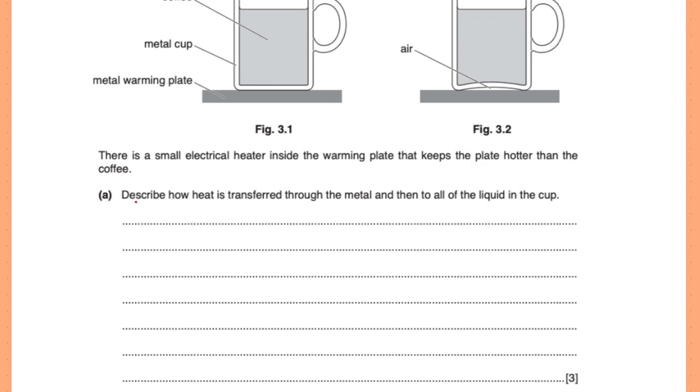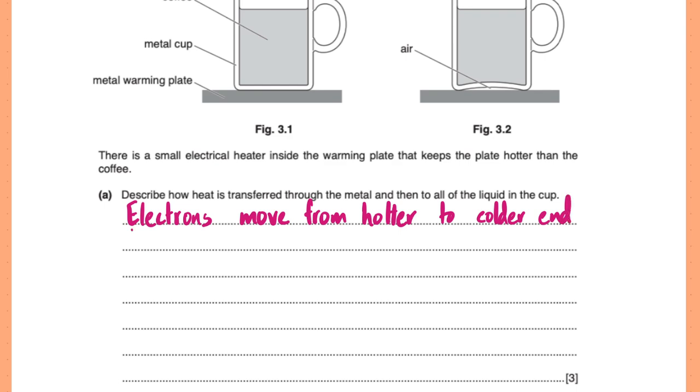So I'll say that electrons move from the hotter to the colder end, and transfer energy to the atoms there, by collisions.